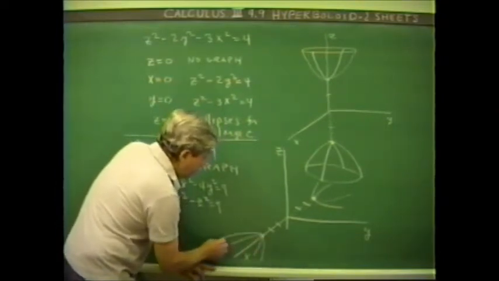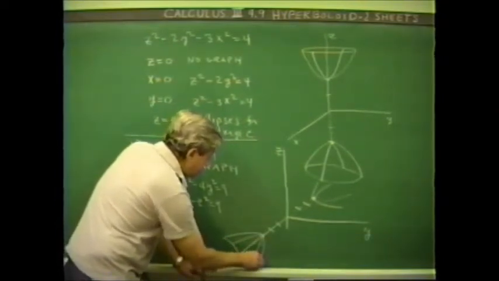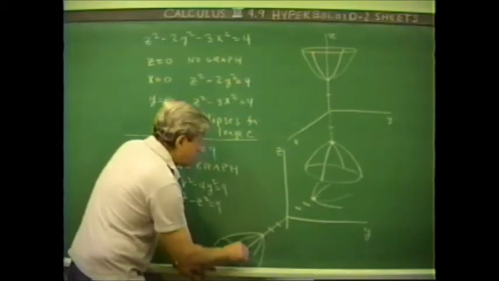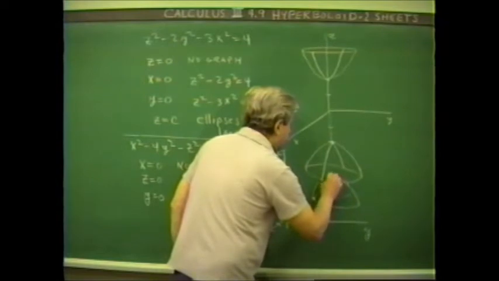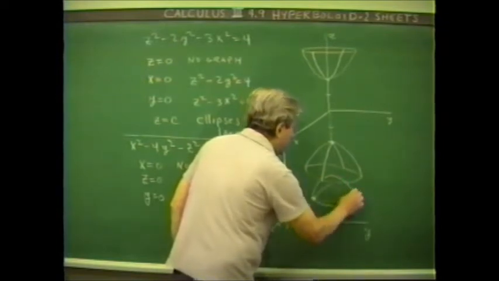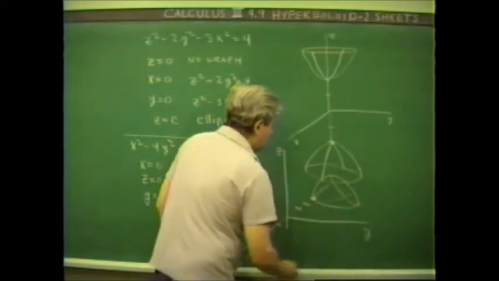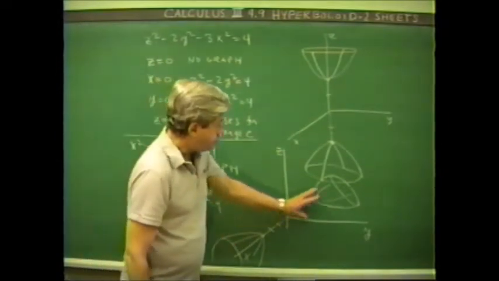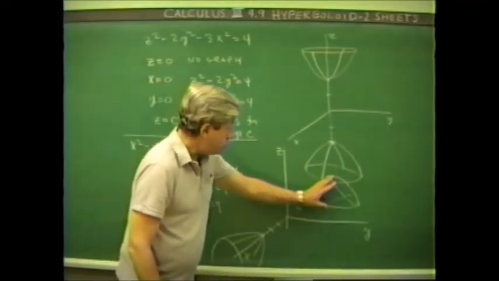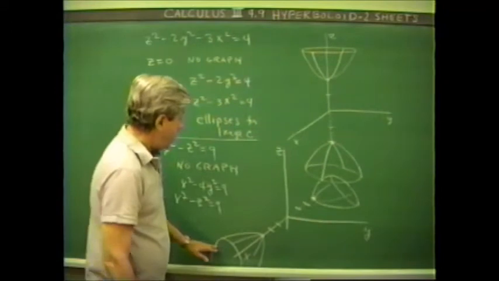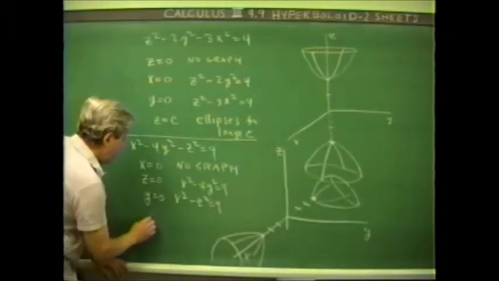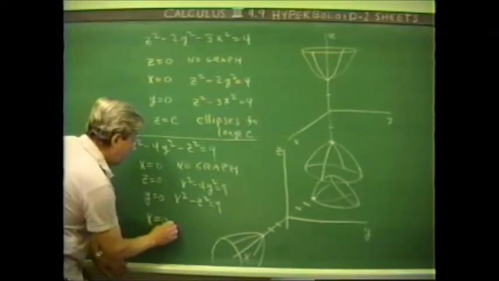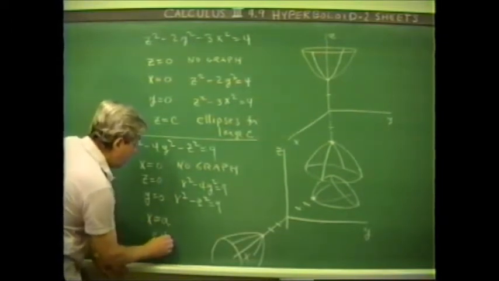The resulting graph is going to look like this. It's got hyperbolas for cross sections, and if we let x be large enough, or if we let a be large enough, and look at x equals a, we're going to get ellipses.